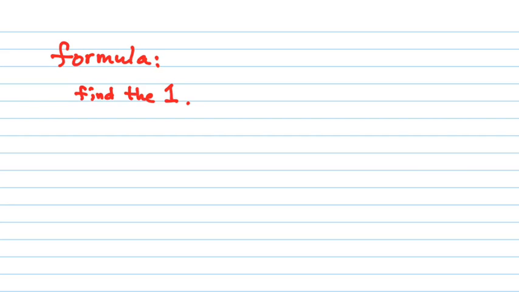That's the key. It'll say 1 US dollar is equal to, or 1 New Zealand dollar is equal to, or 1 pound is equal to. That's the key thing you need to look for: find the one, right? Because that's going to tell you whether you're going to multiply or divide. Okay?